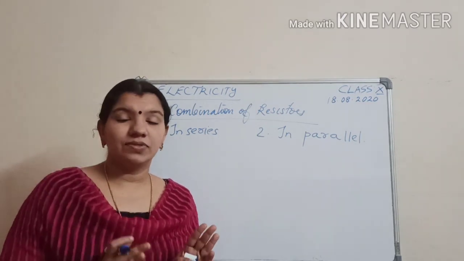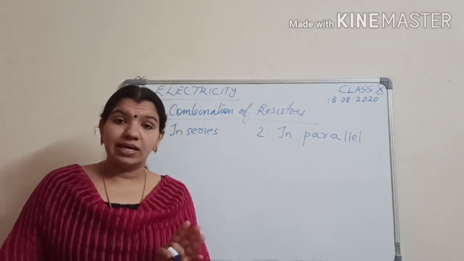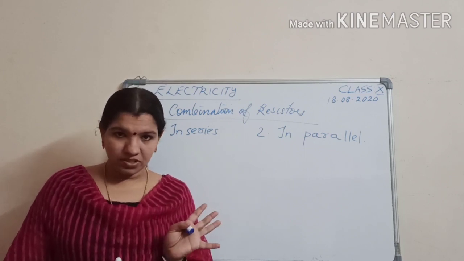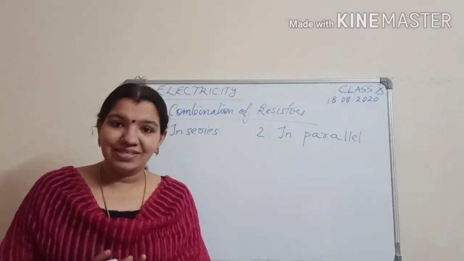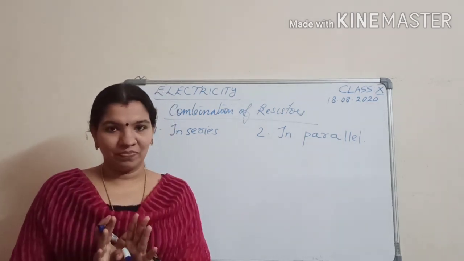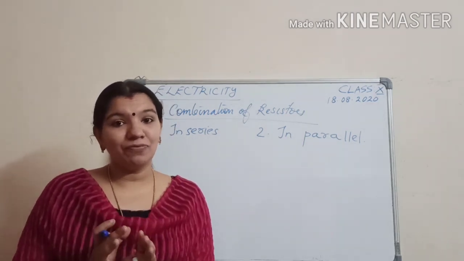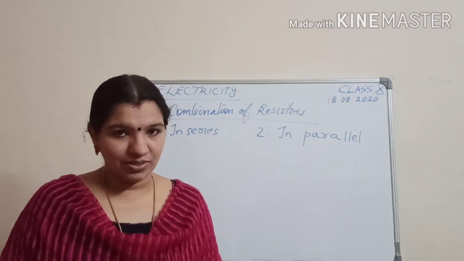Each one we have to study in detail. Numericals are there based on this concept. So be careful, listen carefully. It is very easy also if you are listening. Otherwise, it will be difficult for you to solve the numericals also.